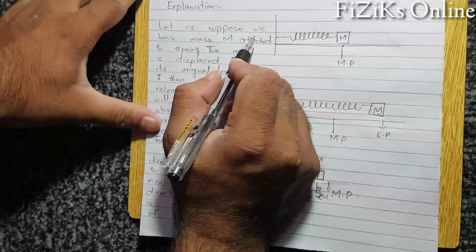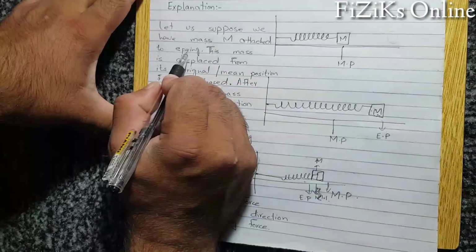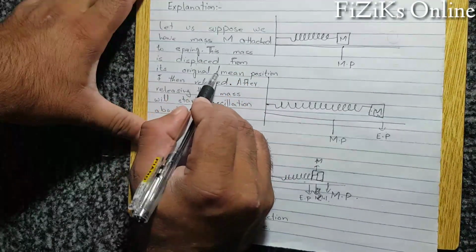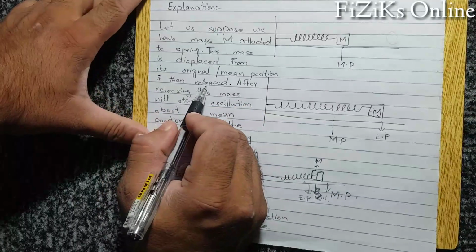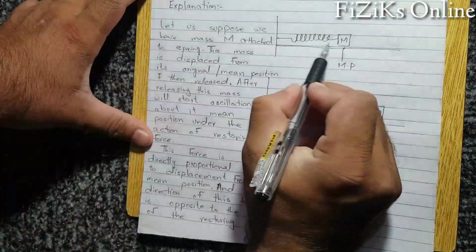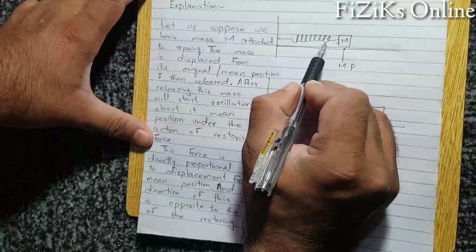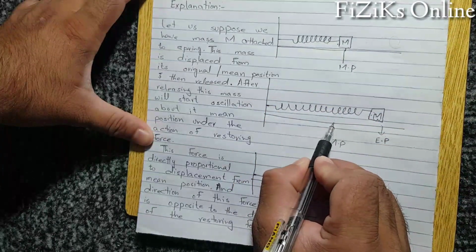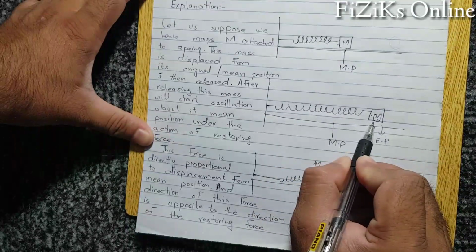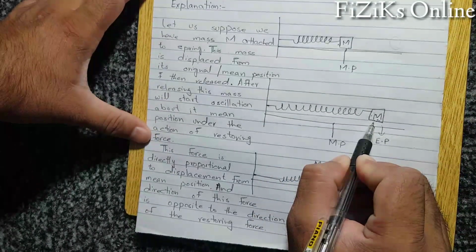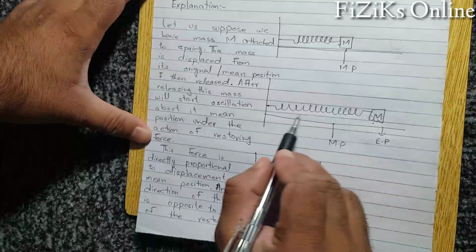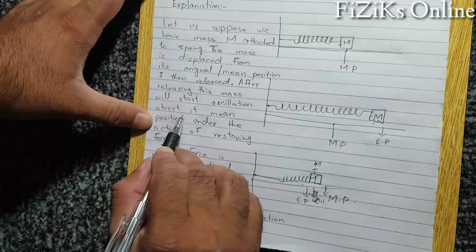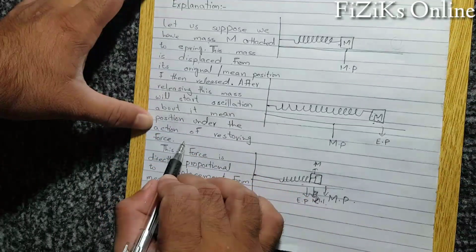Let us suppose we have a mass m attached to a spring. This mass is displaced from its original mean position and then released. This is the mass m attached to the spring. This is its original mean position. Now it is displaced from its mean position and released. This mass will start oscillation about its mean position under the action of restoring force.